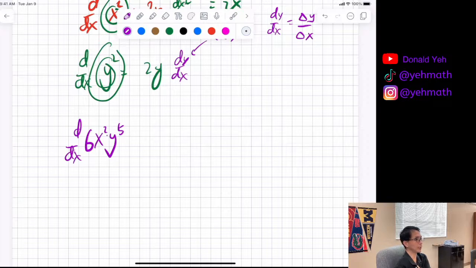Just like yesterday, when you take a derivative of a times x cubed, the a is still there, right? We just take a derivative of the x cubed. Do you remember that? Yeah. So that 6 is still there. Best yet, just write down 6 and write down parentheses. You don't have to do anything else, just write down 6 parentheses. And then just focus on the derivative of x squared y.